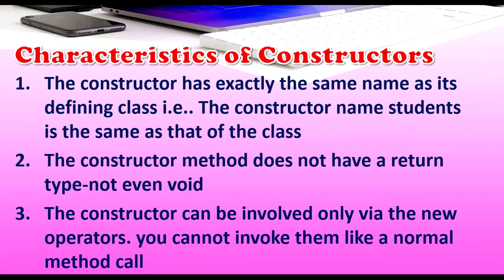You cannot invoke them like a normal method call. So, whenever the computer creates an object of the Student type, the constructor method Student is called automatically. The constructor assigns default values of 17 and B to the member variables roll number and grade respectively.